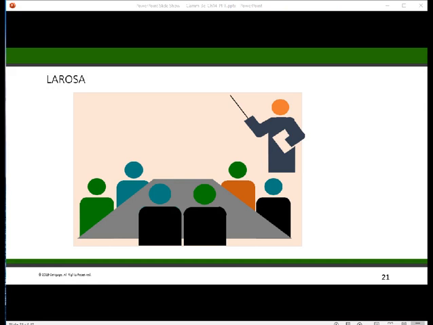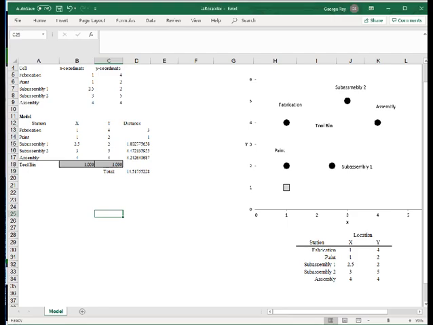So we're going to have 2 decision variables. X is going to be the horizontal location of the tool bin on our Cartesian coordinate, and Y is going to be the vertical location of the tool bin. And then we have the locations of the 5 other production stations in the problem as well.